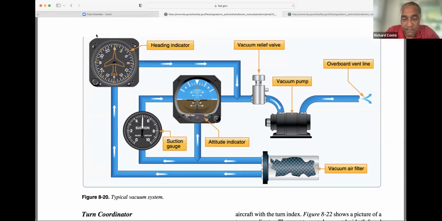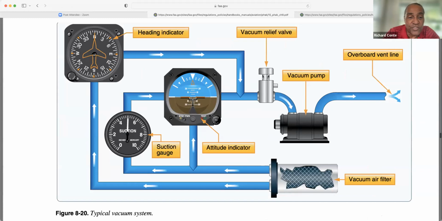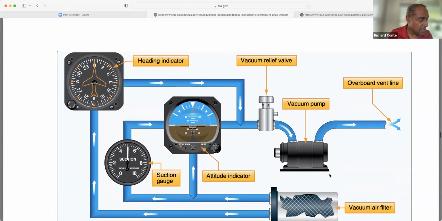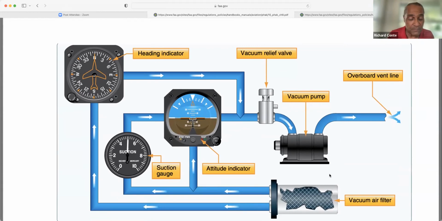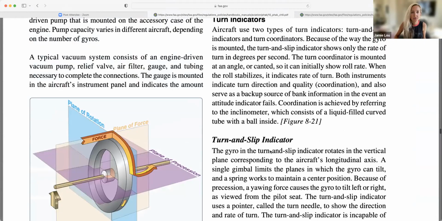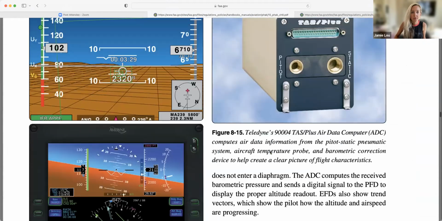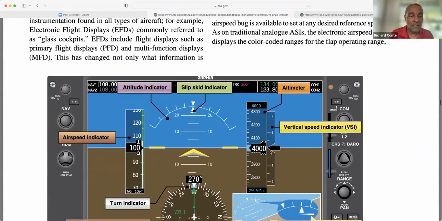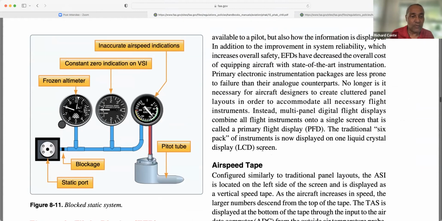So the pitot-static system is very, very simple. You have 3 instruments that work off the pitot-static system. Let me go back, hang on for a second. Okay, 8-12, top left corner. Pitot-static system: you have 3 instruments that work off the pitot-static.